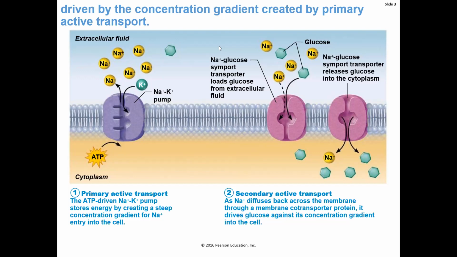It's so important for a cell that a typical cell will spend 40% of its energy, its entire energy budget, pumping sodium and potassium back and forth. So that's a lot of energy to maintain this concentration, to maintain the charge on the cell membrane.